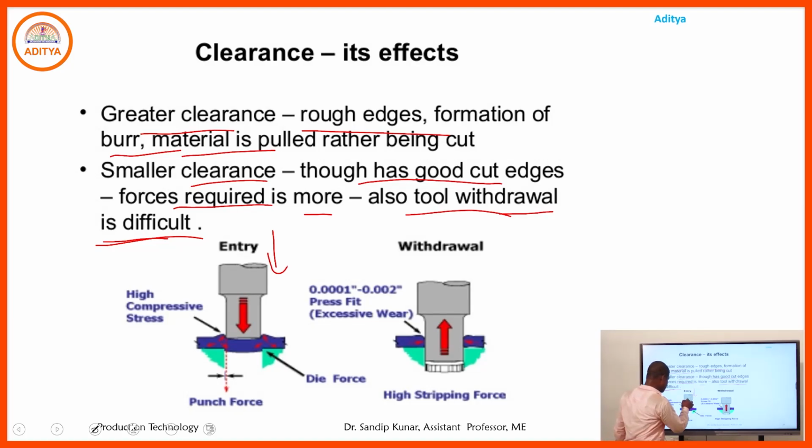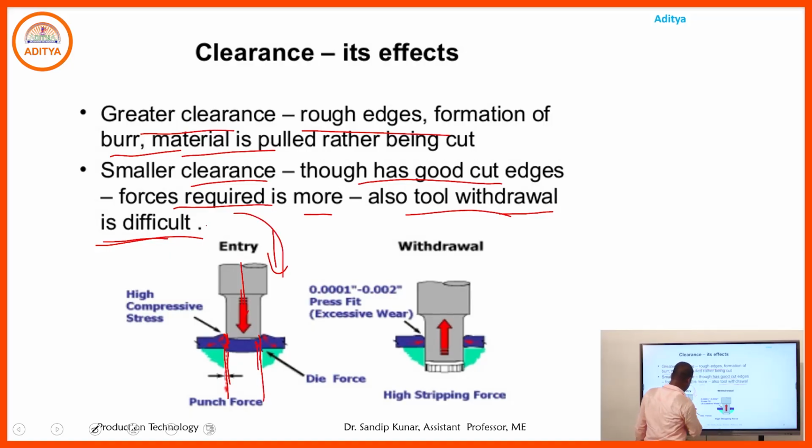That is the entry side, where we provide the force, and that is the die. Due to the application of the high compressive force, the material takes the particular shape or is cut. That is the punch force acting across this side.